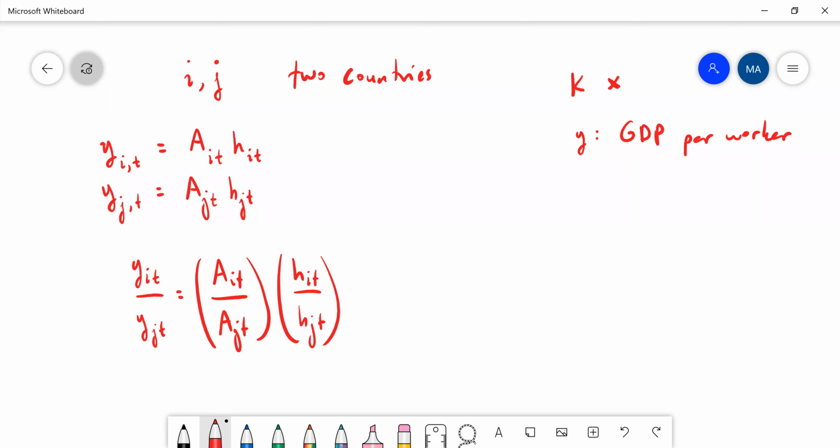Okay, so if you observe this is, let's say, 6, and if you observe that this is, let's say, 2, you will imagine that the ratio of productivities on average must be equal to 3, if the model is correct, obviously.